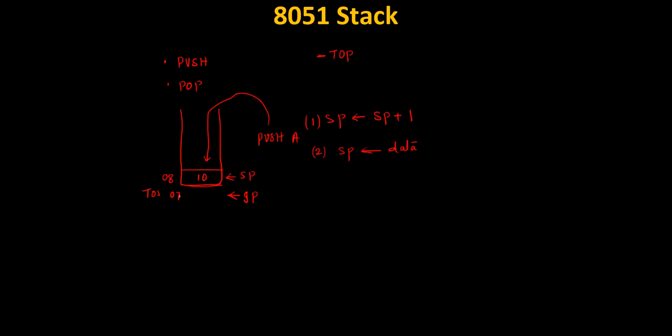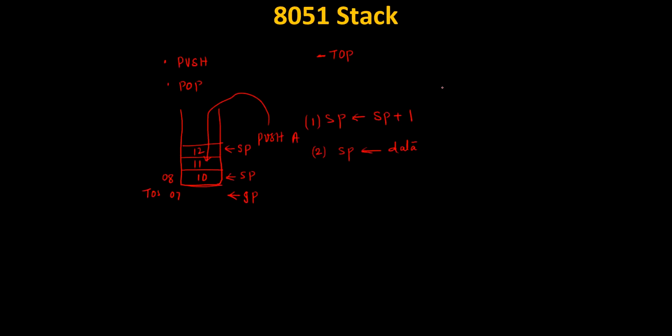Similarly I write one more push, here 11, and push 12. So these are the data being pushed into the stack, and now the top of the stack points to where data was last pushed.